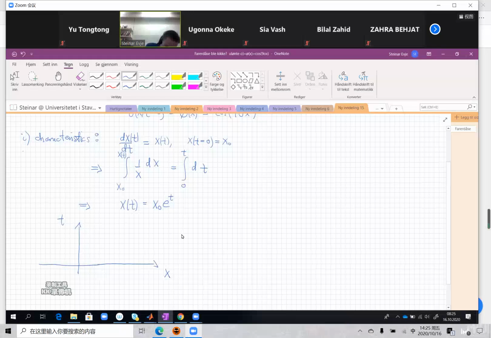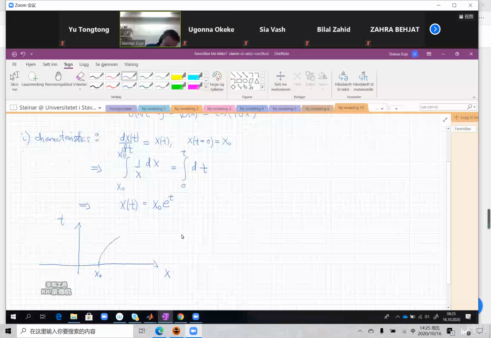If we now choose an initial point x0 here and make a sketch of our path, then we see that this will grow exponentially fast with increasing time. So it should look something like this.